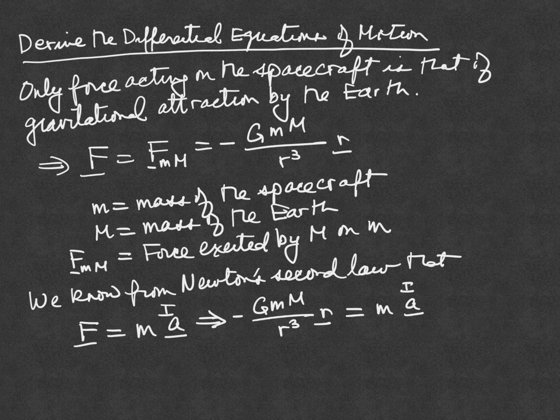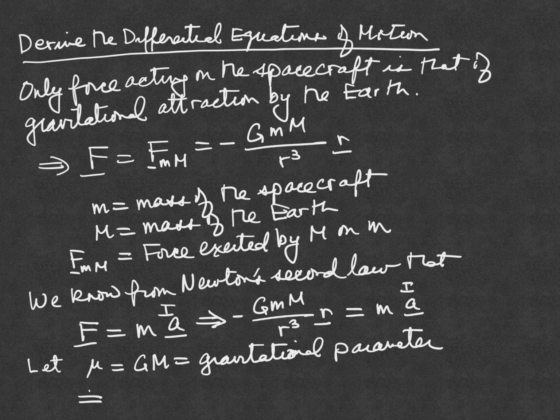We can drop the little m out of this equation, and we can also make the substitution. We can let mu equal G times M, which will be defined as the gravitational parameter. In terms of the gravitational parameter, we wind up with minus mu over r cubed times r is equal to the inertial acceleration of the spacecraft. So that's what we're going to work with for the rest of the derivation.